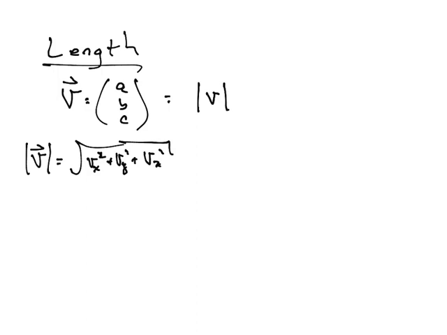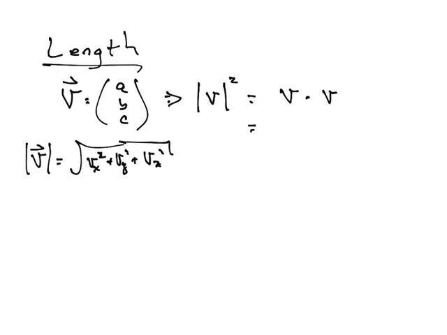Let's talk about the length squared first. The length squared means take the vector v and dot product with itself. Okay? That's the length squared. And of course, if you take the square root of this thing, you get the length. But it's easier to just initially do the length squared.